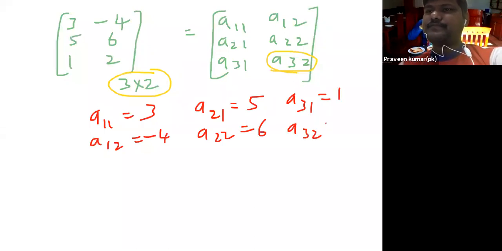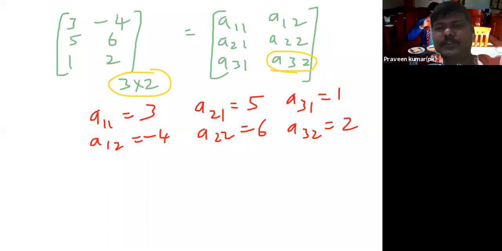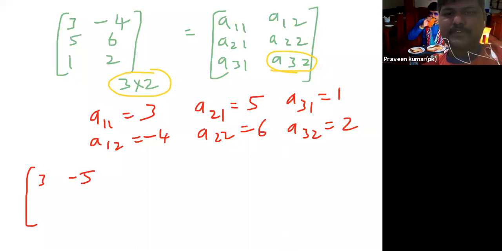A32 value? 2. Understand? Wait a minute. I'll give one more example. 3, -5, 8, -9.